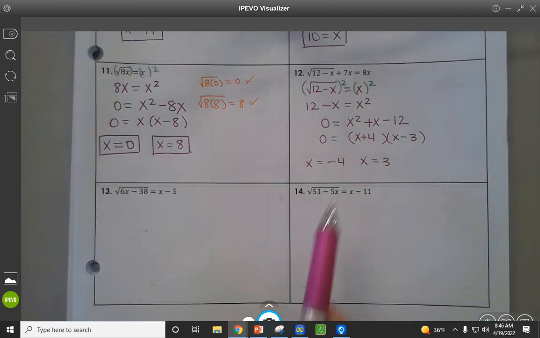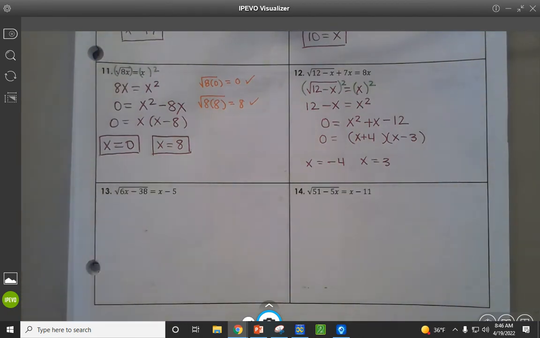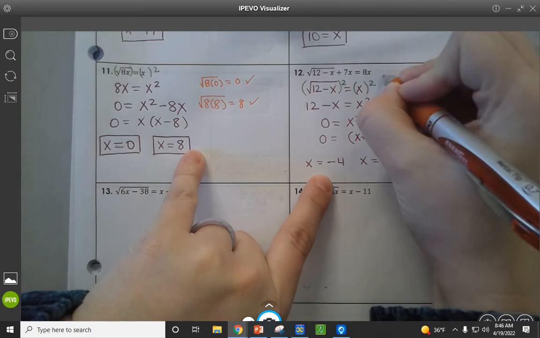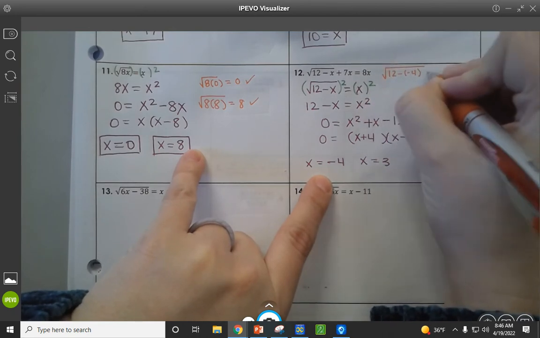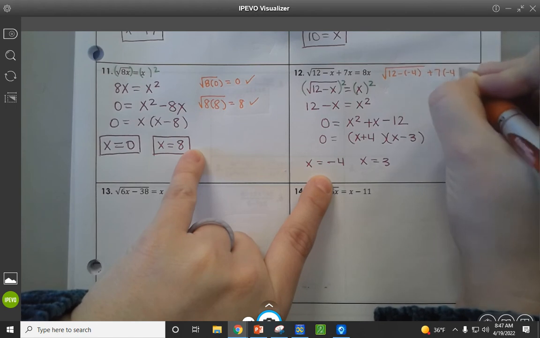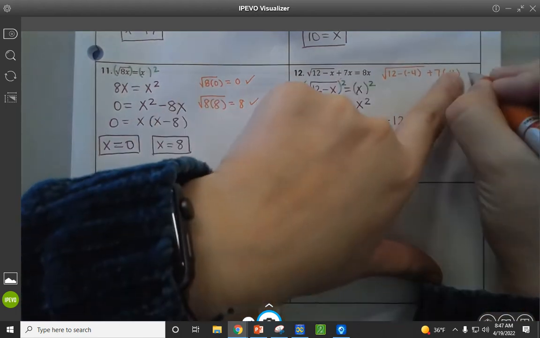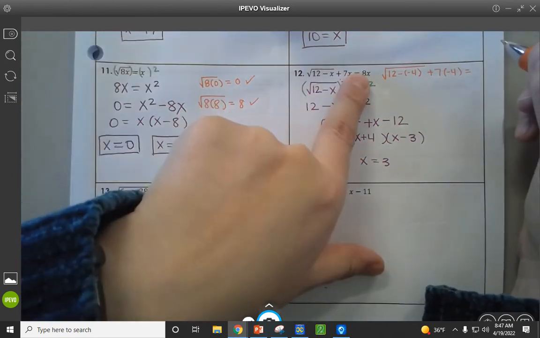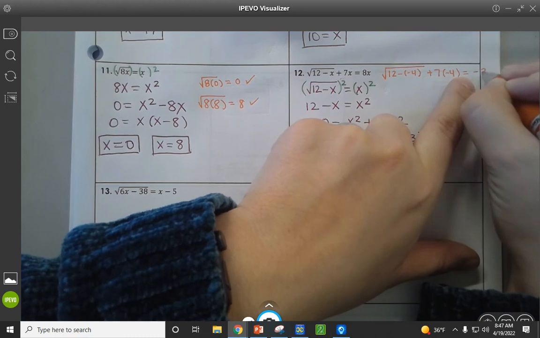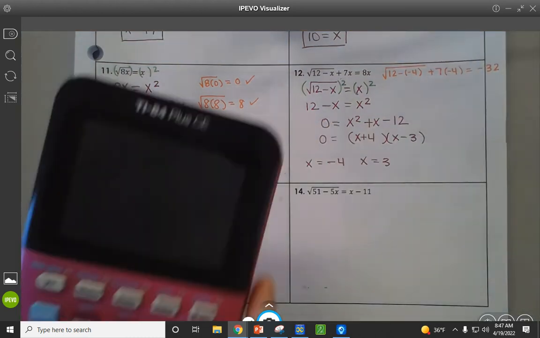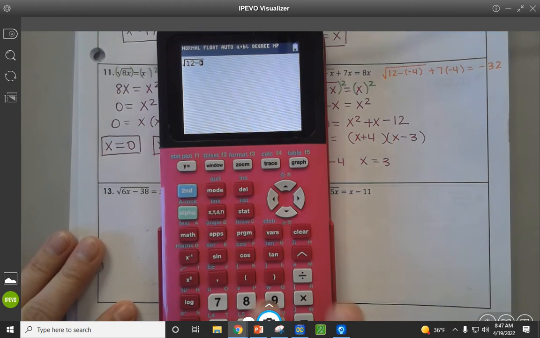So this first one, when I plug in negative 4, I want that to be equal to 8 times negative 4, which is negative 32. So let's see if it's equal to negative 32. It's not. It's equal to negative 24. So this one doesn't work.